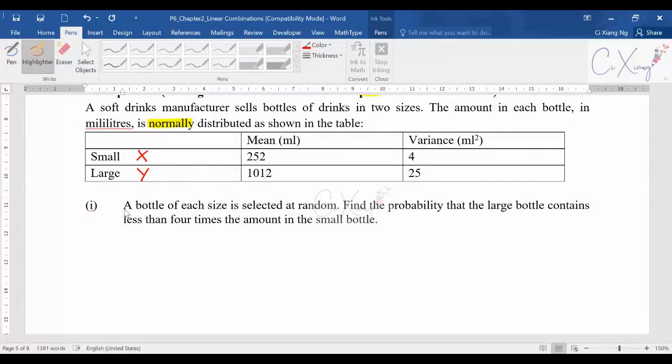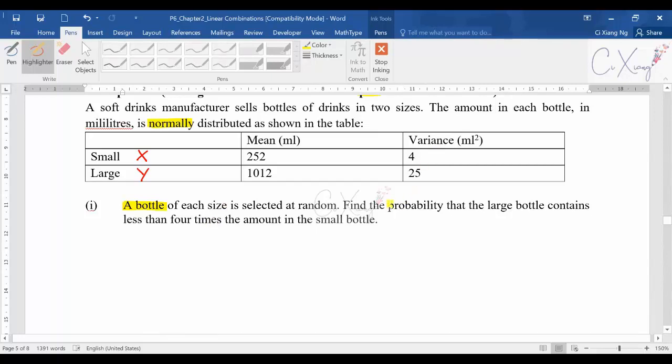Now they said a bottle of each size is selected at random. So that means you select one small bottle and also one large bottle.